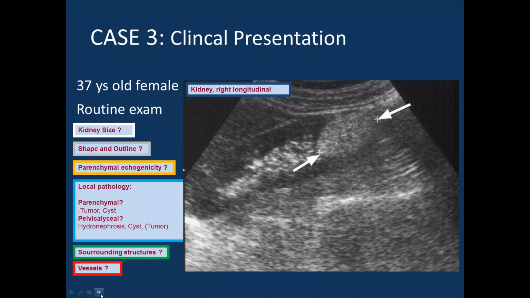Next ideas are lipoma, or Wilms tumor, or angiofibroma. Okay. Wilms tumor is a little bit late for 37 years; they're usually in children.